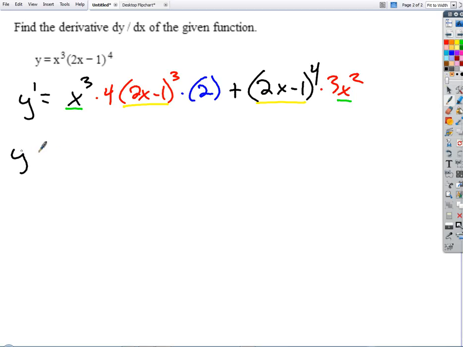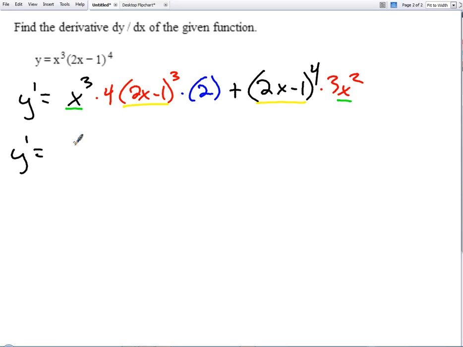So that's going to give me an x squared. Now, the biggest common power means the smaller of the two, right? I can take an x squared away from both of those, but I can't take an x cubed. That one's only got an x squared to give, right? So x squared, and then what's the biggest common power of my 2x minus 1 base? Cubed, okay?